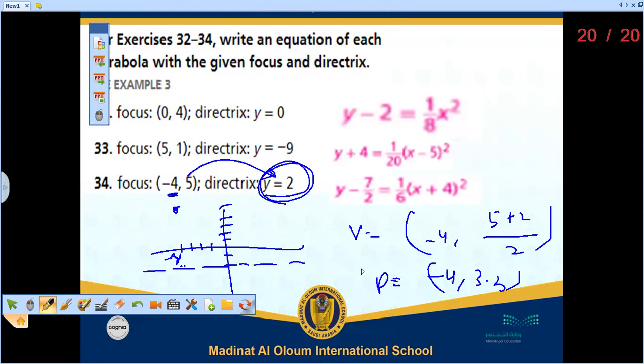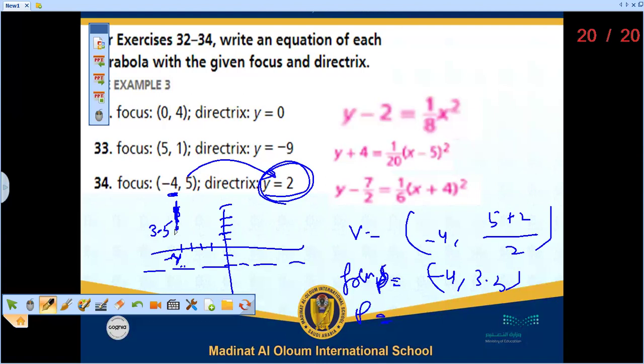How would we get p? The middle between them. What is the middle? Yes, I got 3.5. From 3.5 until I reach 5, how many? 1.5, right? This is the focus, my p.